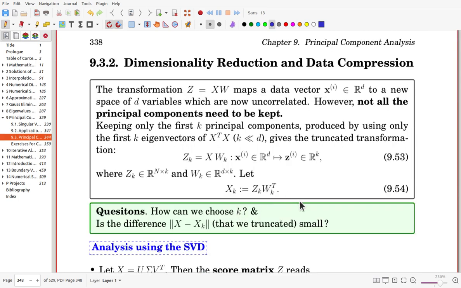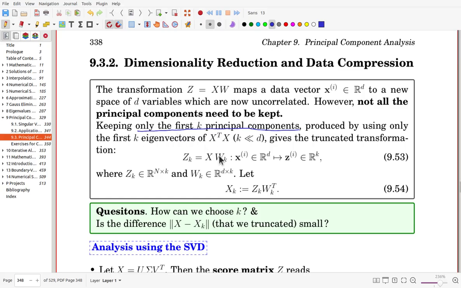Okay, and now dimensionality reduction and data compression. In many applications, we don't have to keep all principal components, so we may keep only the first K principal components, and that will make some approximation. That is actually the idea of dimensionality reduction and data compression.